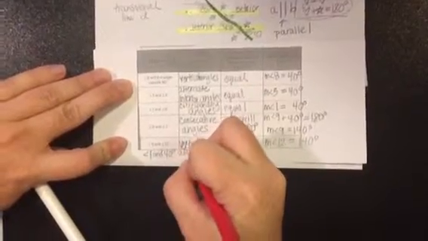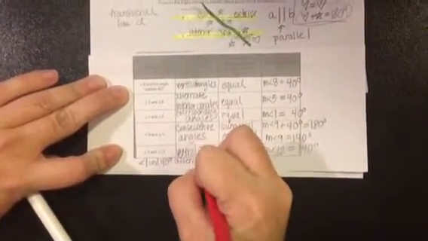If you notice, these are on opposite sides of our green line, the transversal. So since they're on opposite sides of our transversal, we call those alternate. They are on alternating sides.